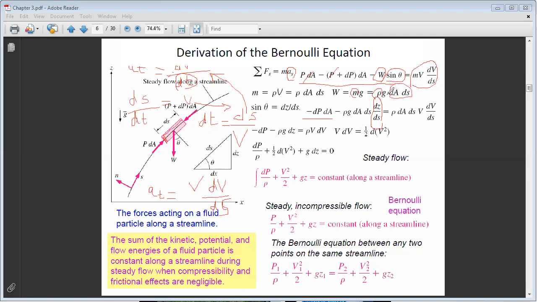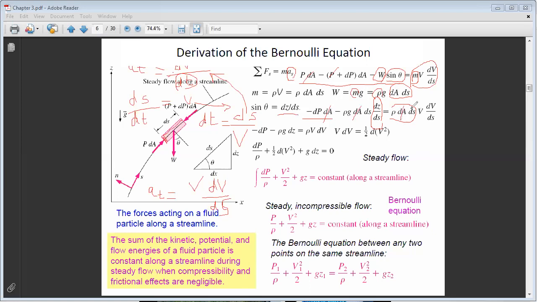And of course, I multiply by g to get the weight. So if you replace sine theta by dz by dx, and you replace your weight by rho g dA dx, this is what you will obtain. And of course, I will also replace the mass here by rho dA dx. Now, a lot of terms will simplify. dA will cancel out from all sides.